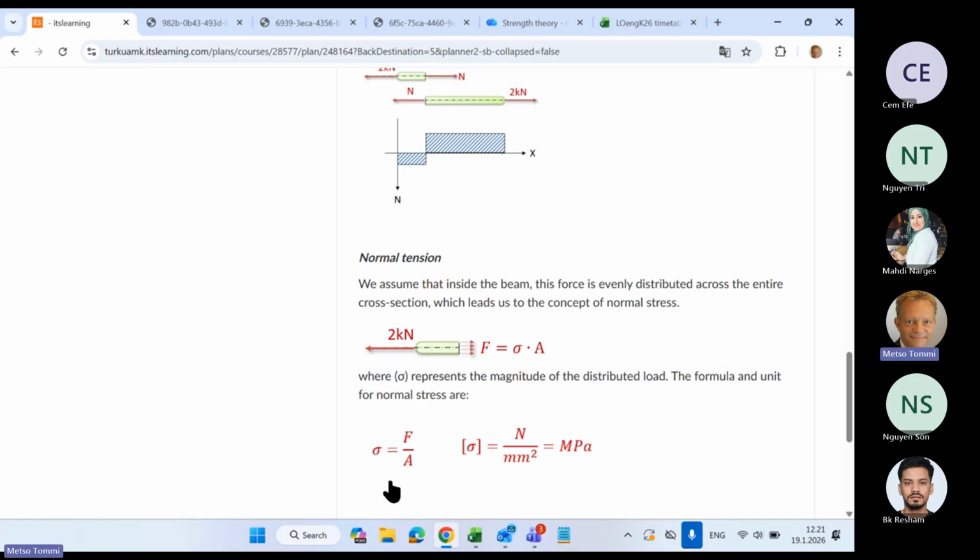So this is the main equation that we are using today. And also the unit of sigma, which means tension, is megapascal or Newton per square millimeter.